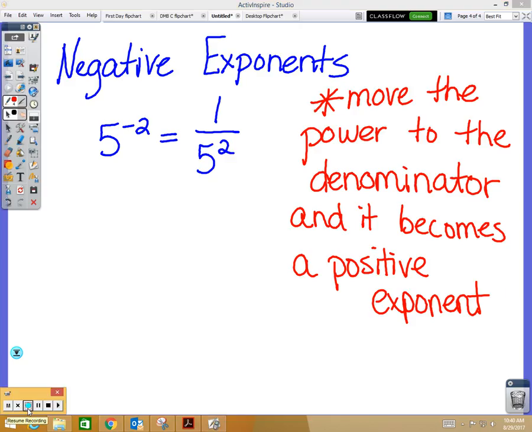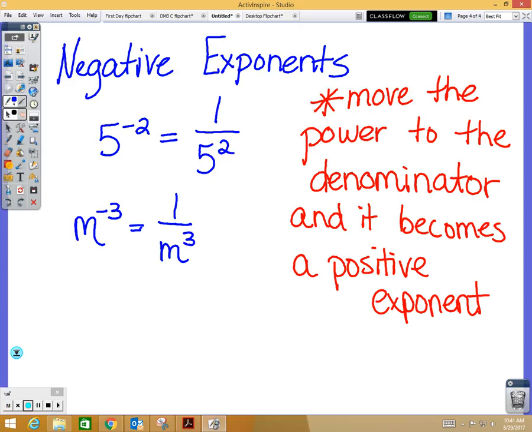So this works the same way if you have a variable, like if you have m to the negative third power, and we wanted to write this so that we did not have any negative exponents, this would be 1 over m to the third power. So we're just taking that whole power and moving the whole thing down to the denominator, which changes the sign of our exponent.